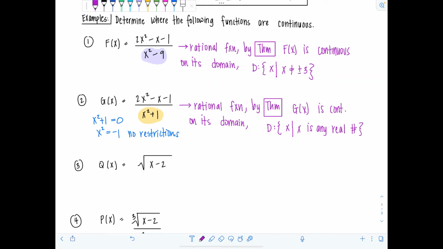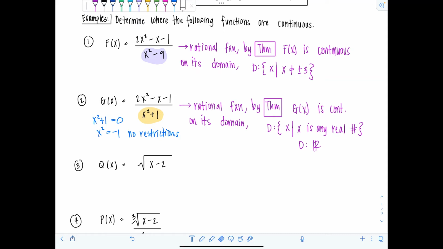Honestly, I never write it this way. Who likes writing so much? I would just write the domain is all real numbers. You could write it in interval notation, -infinity to infinity. Okay. Good. So notice I'm not checking conditions 1, 2, and 3 because the theorem implies that these functions all are continuous on their domains.